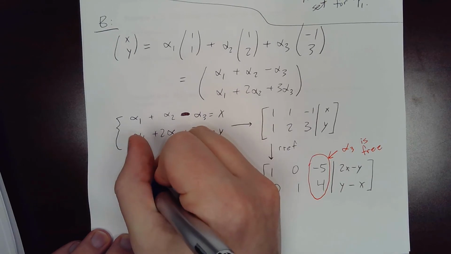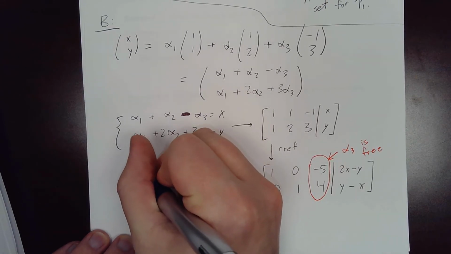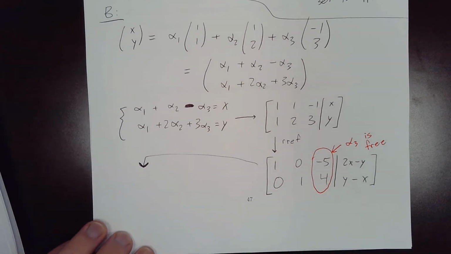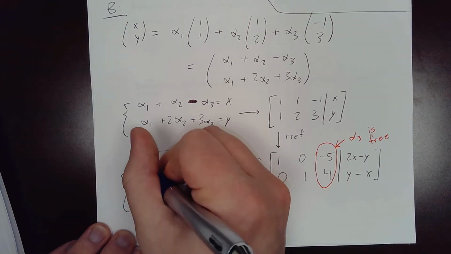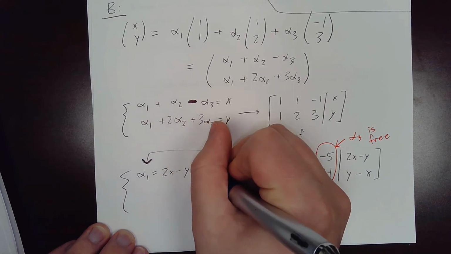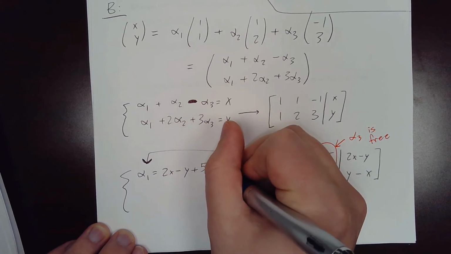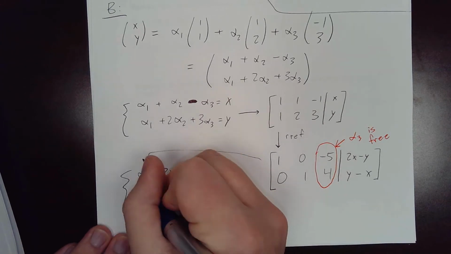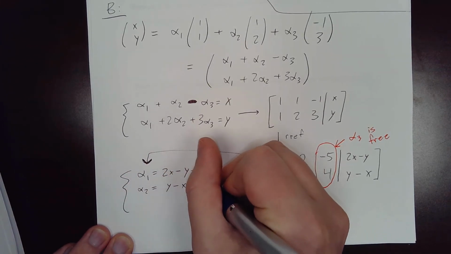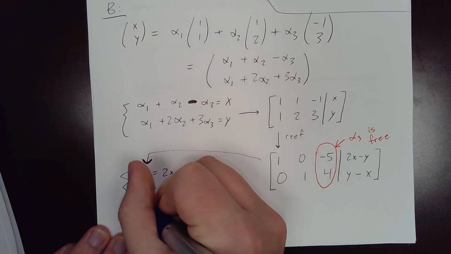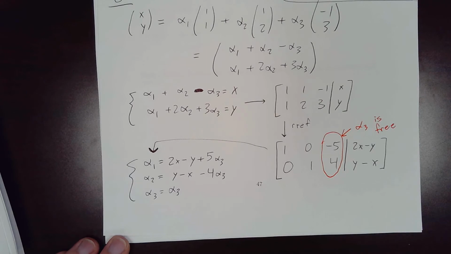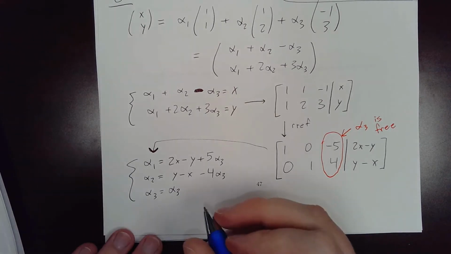Going back, we can rewrite this as alpha 1 equals 2x minus y plus 5 alpha 3, alpha 2 equals y minus x minus 4 alpha 3, and alpha 3 equals alpha 3. So we got at least one solution.